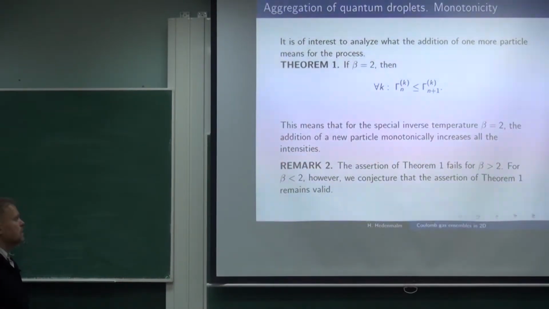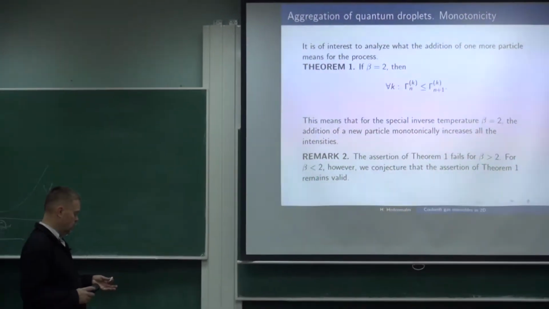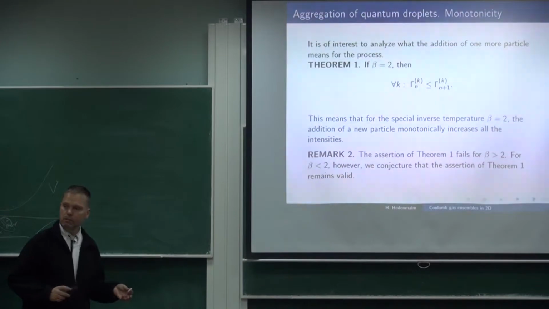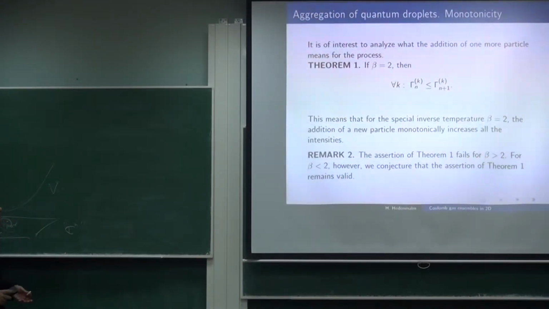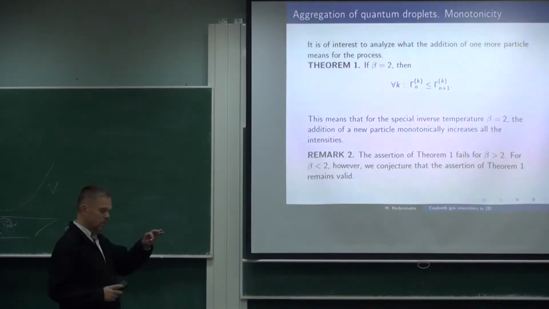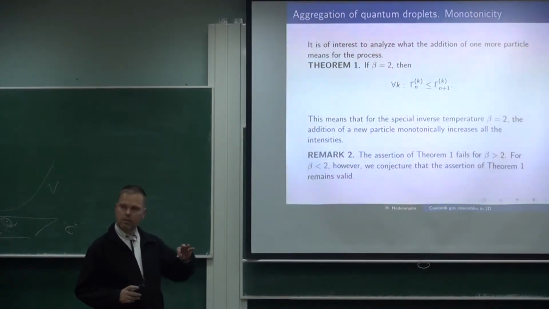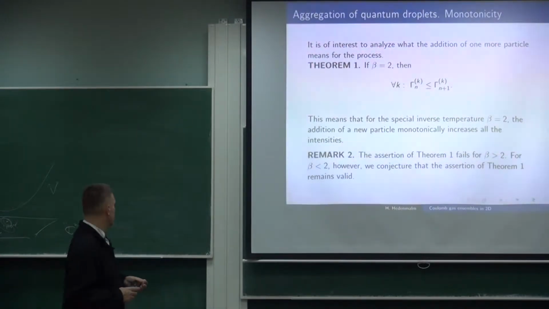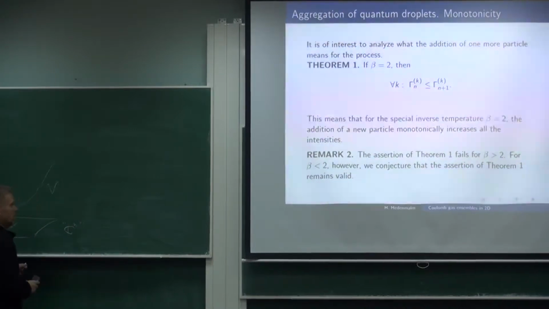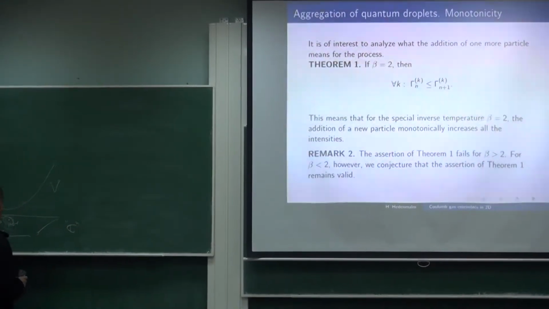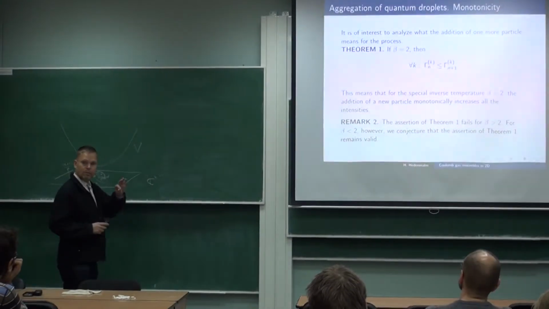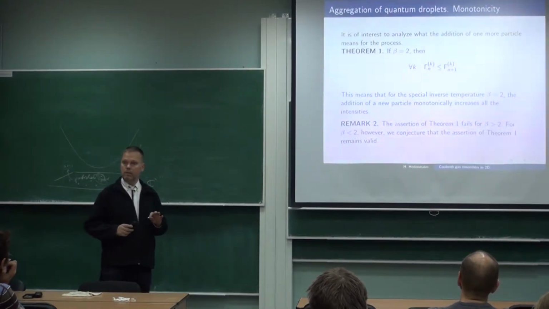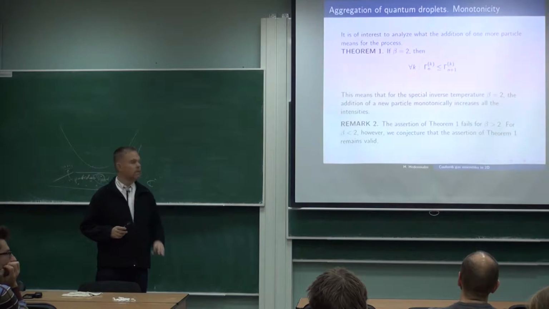The parameter beta is called the inverse temperature of the system, and so if it's bigger than 2, then what it means is that your temperature goes down, that is, you get a bit more crystallization, and some unevenness appears apparently. So the meaning is that, of course, in total the intensity goes up, but locally it doesn't have to go monotonically when you increase beta.